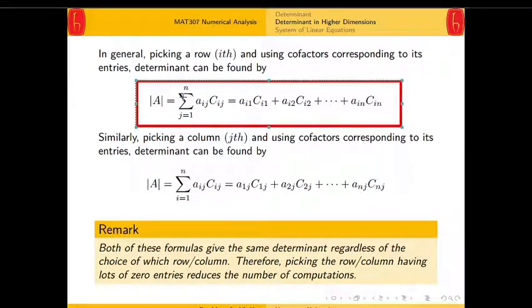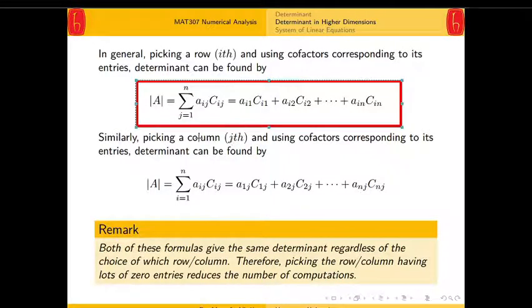So determinant of A will be equal to, say we fix the row number i, the first entry on that row times its cofactor, plus the second entry on that row times its cofactor, plus, following the same pattern, the last entry on that row times the cofactor of that entry. If we add all of this, we will obtain the determinant.